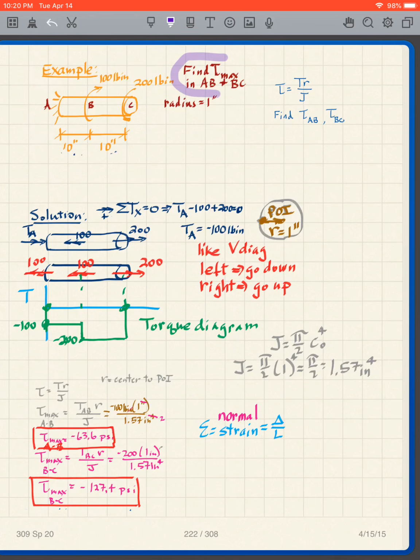My goal is to find tau max in the region AB and BC. This is a solid cylinder. The radius is 1 inch. We're going to use the expression tau is equal to T over J, and we're going to find tau in the AB region and in the BC region, the maximum tau in those two regions.